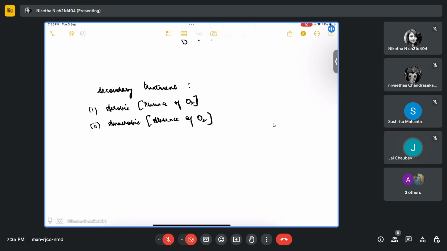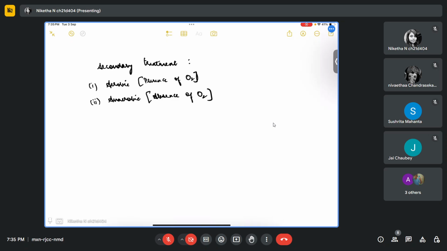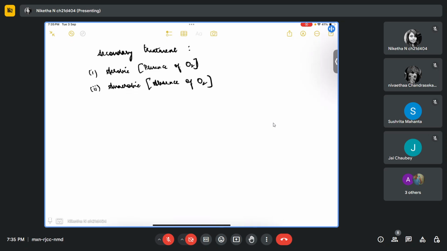So aerobic processes are those that take place in the presence of oxygen, and anaerobic processes take place in the absence of oxygen. It's not completely in the absence of oxygen. Instead of oxygen, the microbes will find some other oxidant to utilize for their respiration.